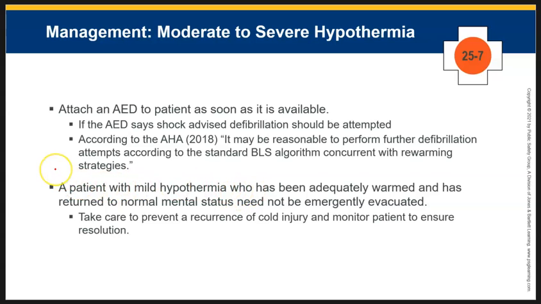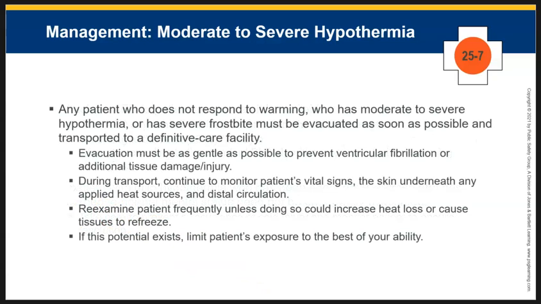Now, a patient with mild hypothermia who's been adequately warmed and returned to normal mental status may not need to be emergently evacuated. Just be sure not to allow recurrence of a cold injury. Any patient with moderate to severe hypothermia who does not respond to warming, or who has severe frostbite alongside the systemic injury of hypothermia, must be evacuated as soon as possible.